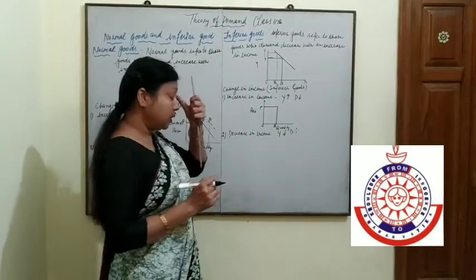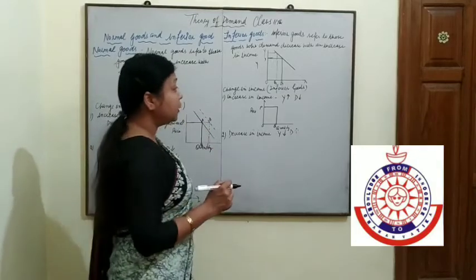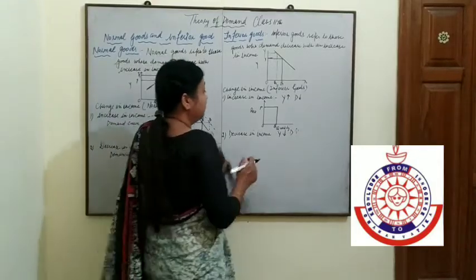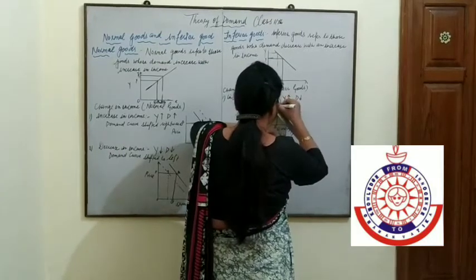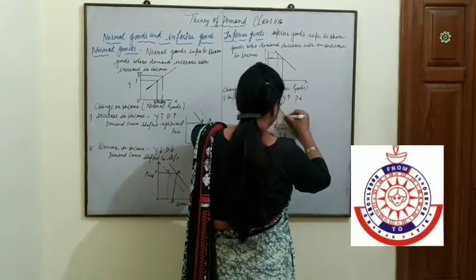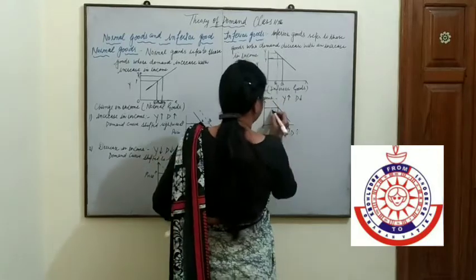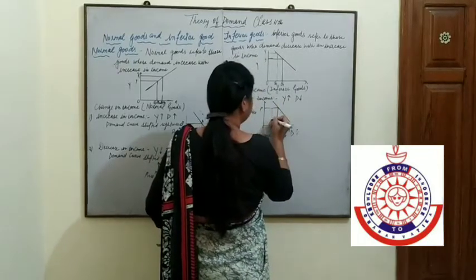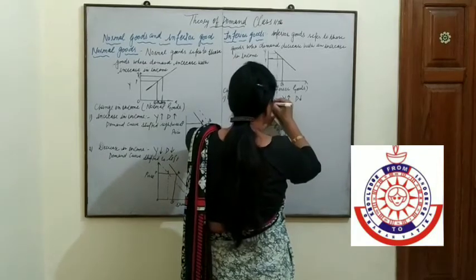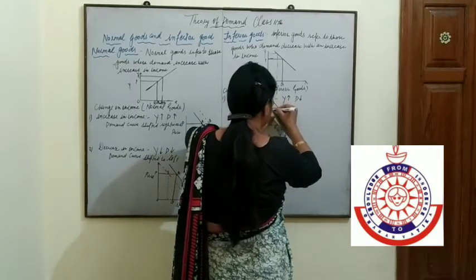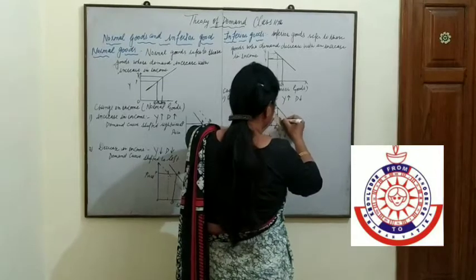Now, income is increased. This is our initial demand. Due to increase in income, we are demanding less of inferior goods. So, we are shifting to the leftward. This is our new demand curve.